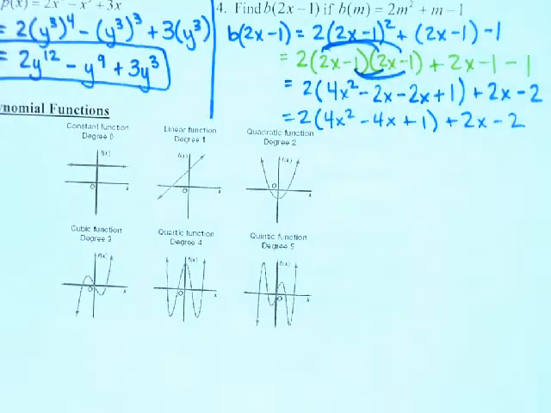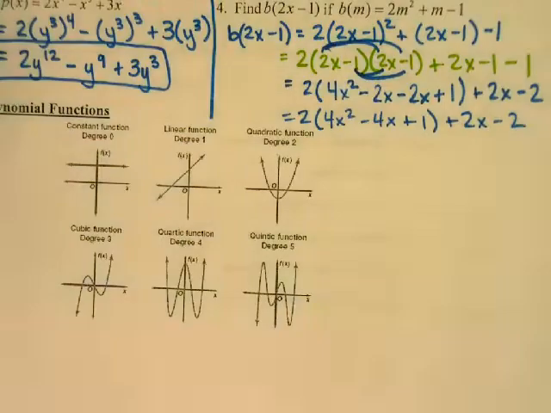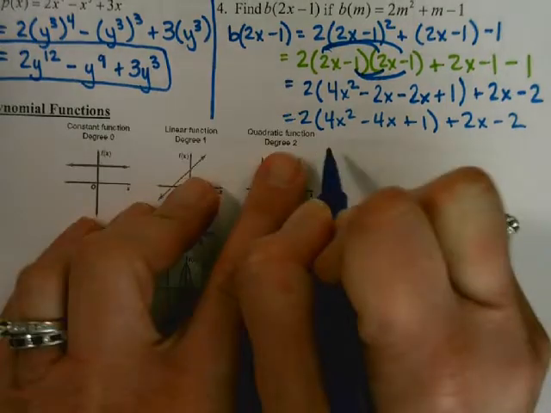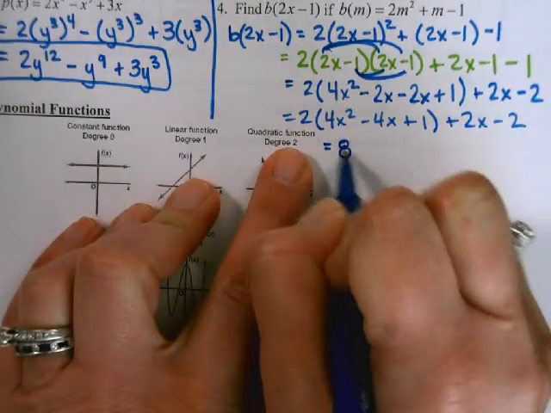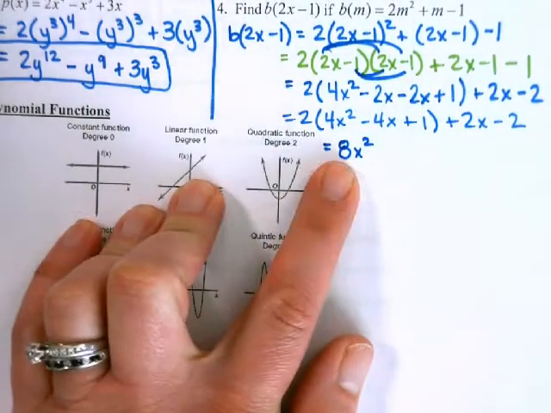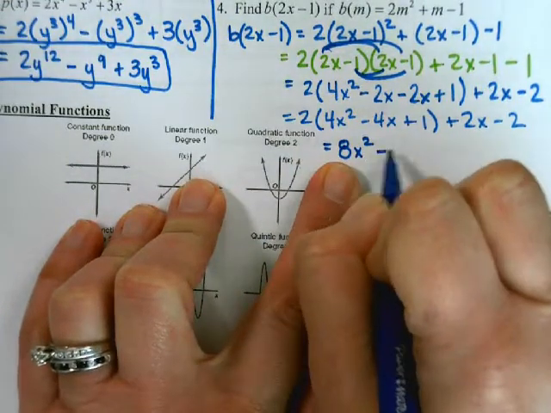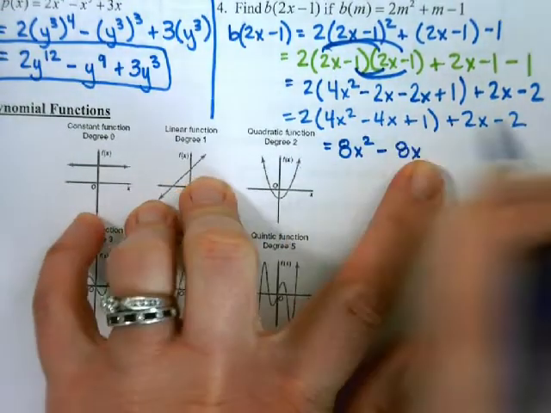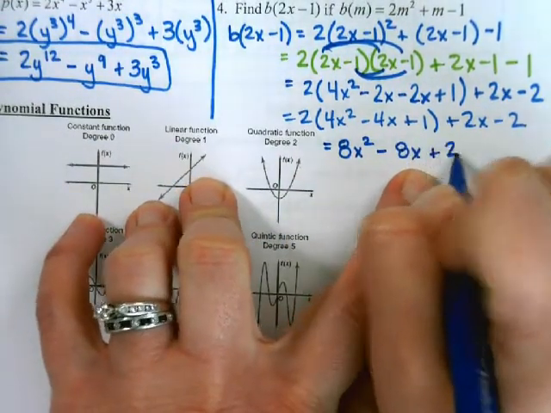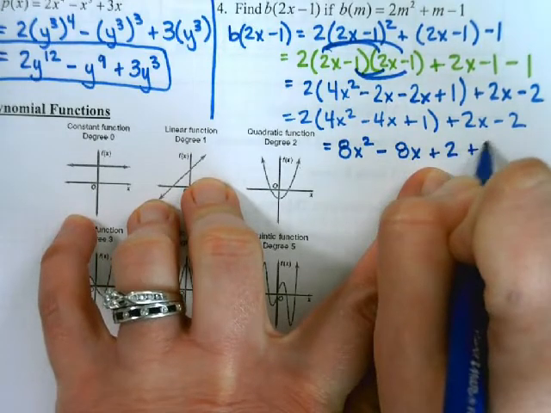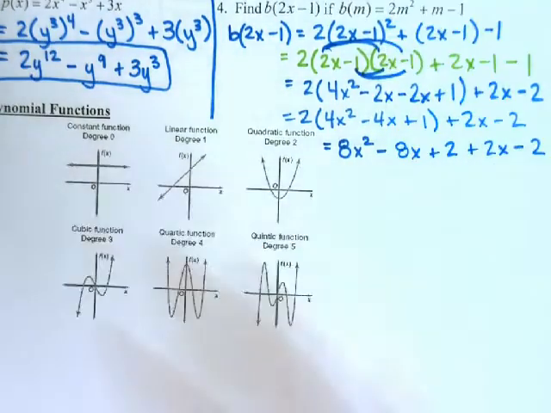Are you okay there? Now you can go ahead and distribute. So 8x squared minus 8x plus 2 plus 2x minus 2.